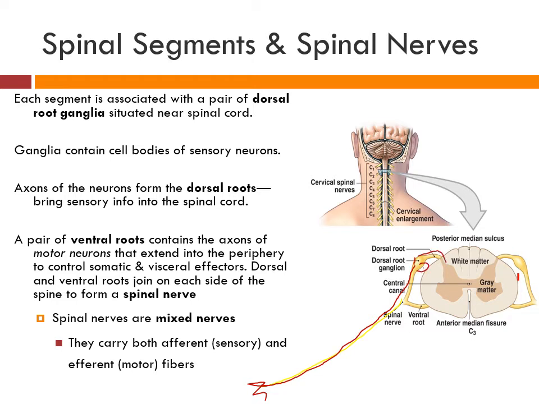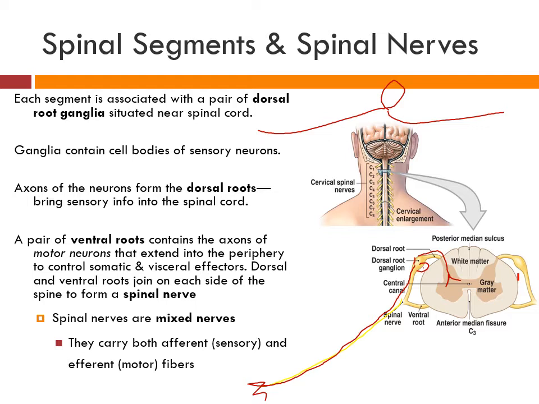And then the axon leaves the dorsal root ganglia and comes into the posterior horn, which is on the back side of the spinal cord, and it synapses in the posterior horn. So if you remember, our sensory nerves are unipolar nerves. They have the dendrite, and then the cell body is off to the side, and then the axon comes like that.